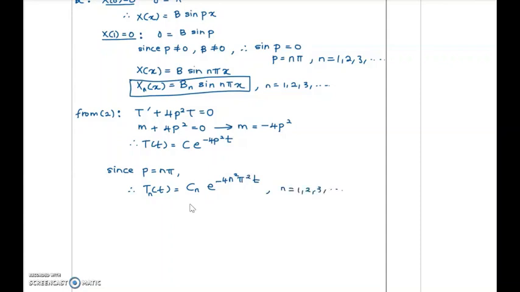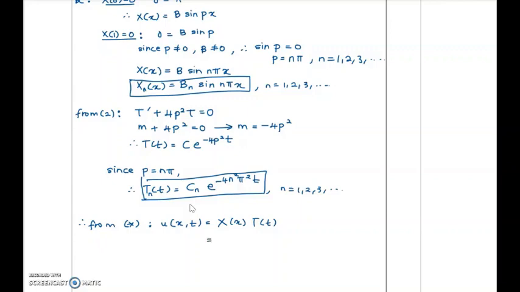With that solution of T, we can now put it into equation star, which is u of x, t, that is x times t. So now we have Bn sine n pi x multiplied with Cn exponent negative 4 n squared pi squared t.